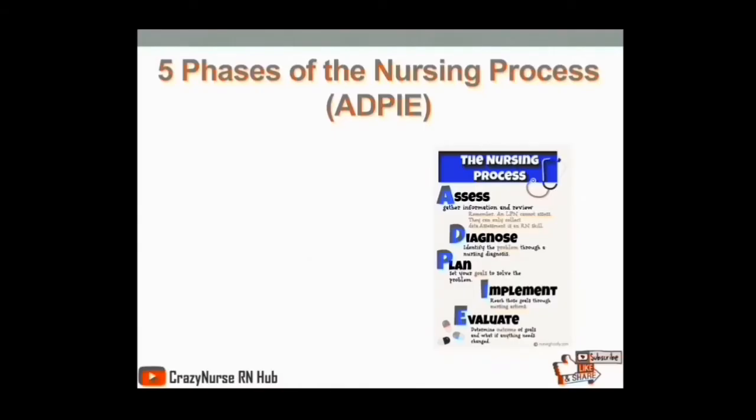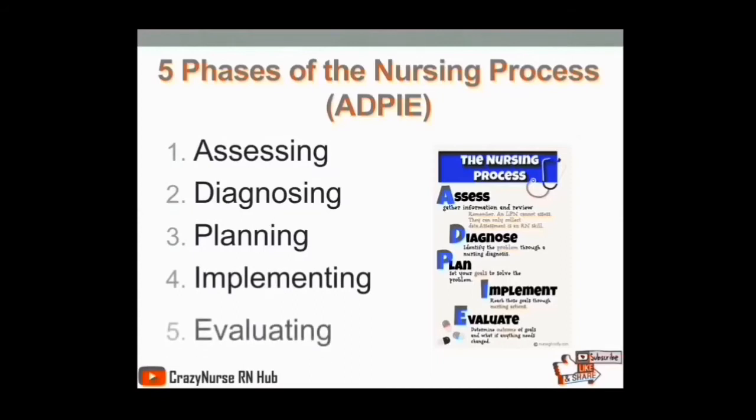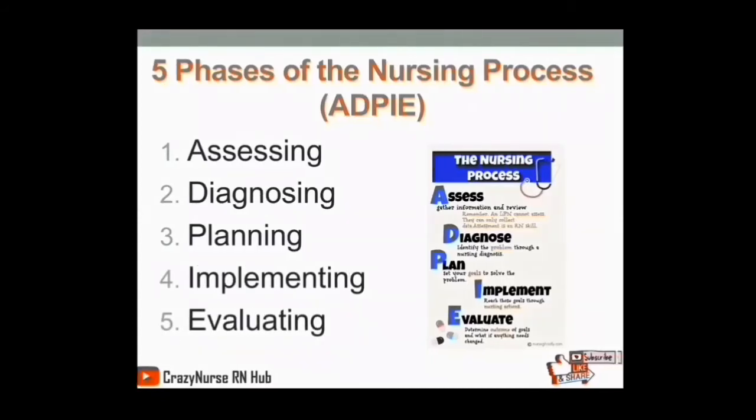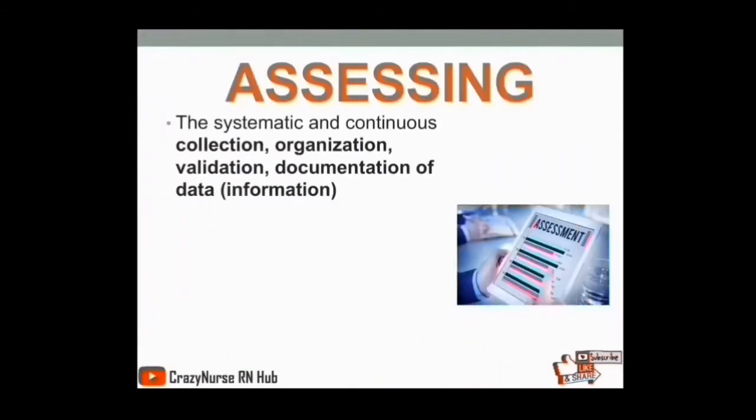Now we have the 5 phases of the nursing process. We have assessing, diagnosing, planning, implementing, and evaluating. Now let's have assessing, or the assessment phase. Assessing is the systematic and continuous collection, organization, validation, and documentation of data or information.